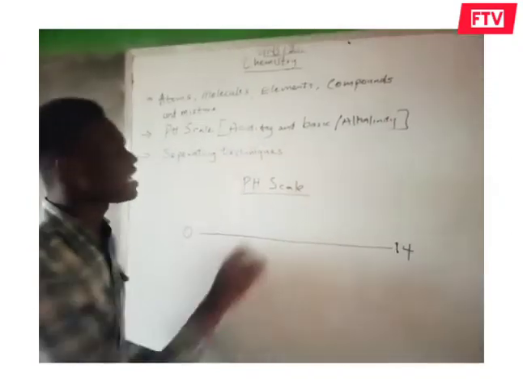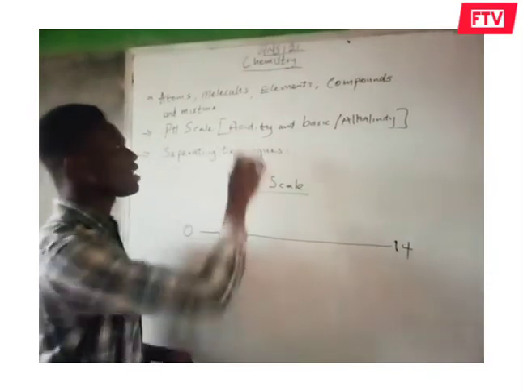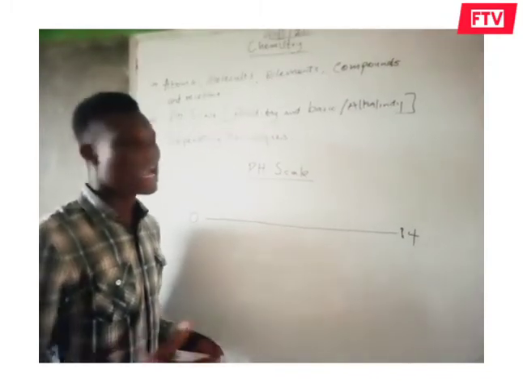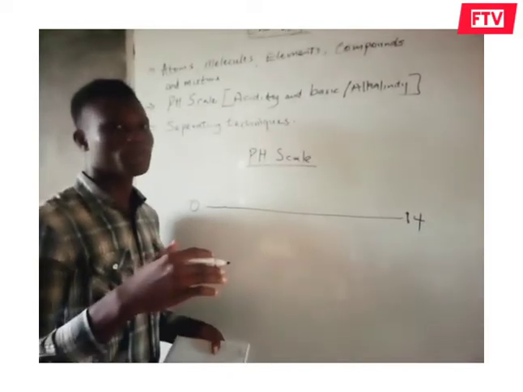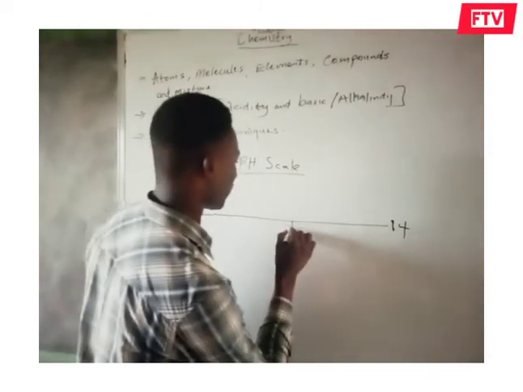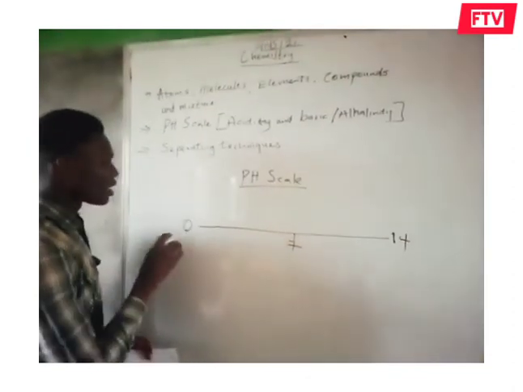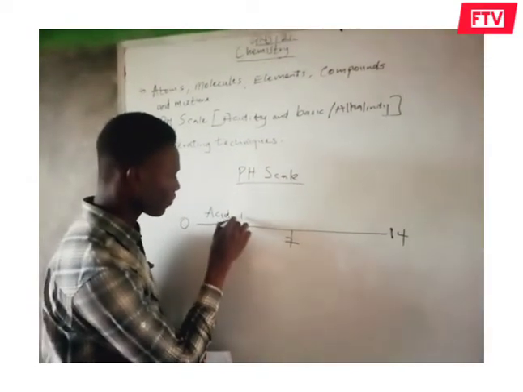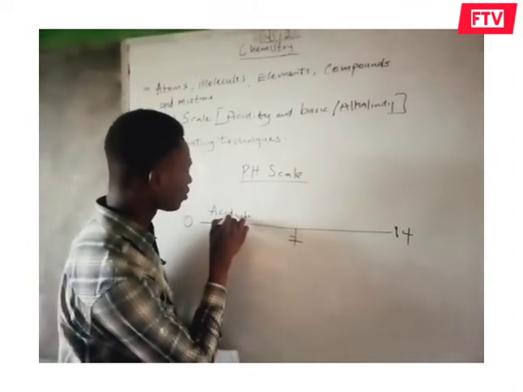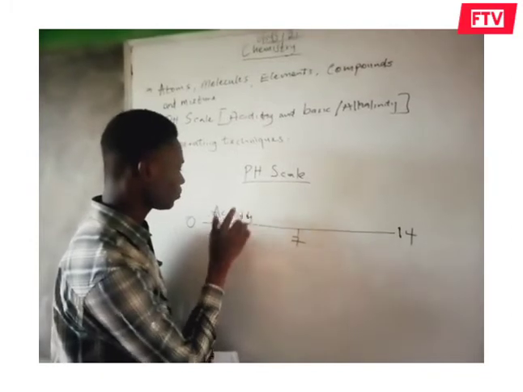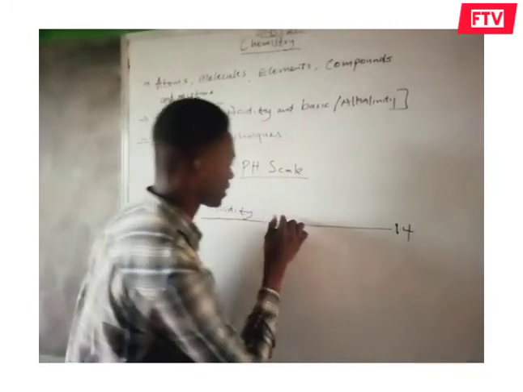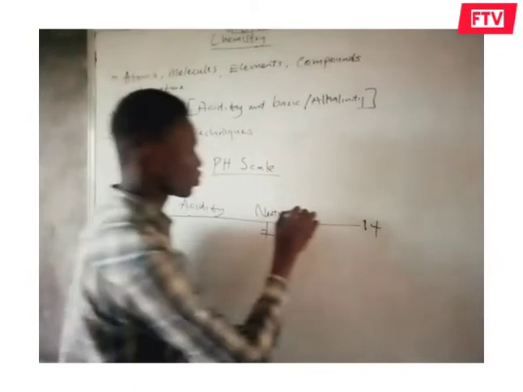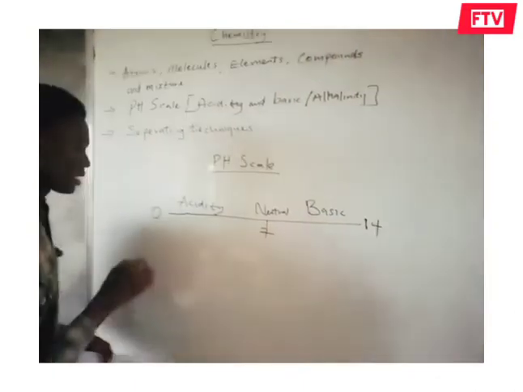Now, how do we determine the acidity and the alkalinity? When talking about acidity, it has a high content of hydrogen atoms. The middle of 0 and 14 is 7.